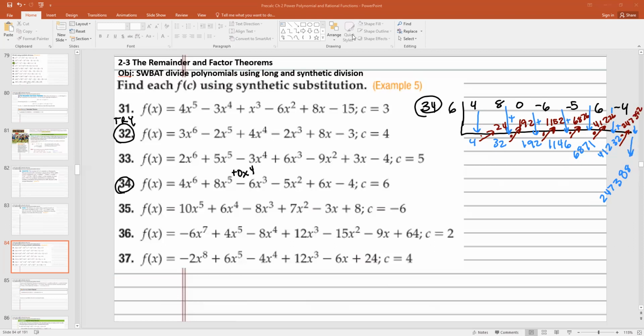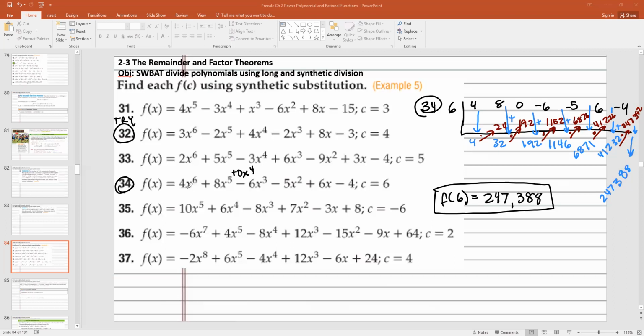So what that means is f of 6 is equal to 247,388. So there you go.